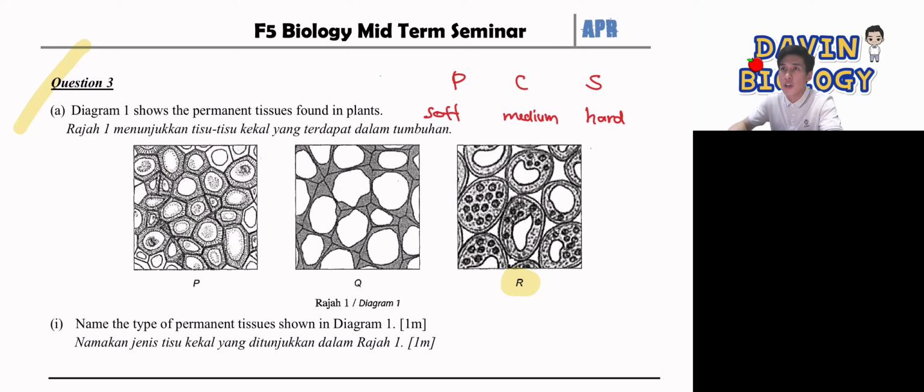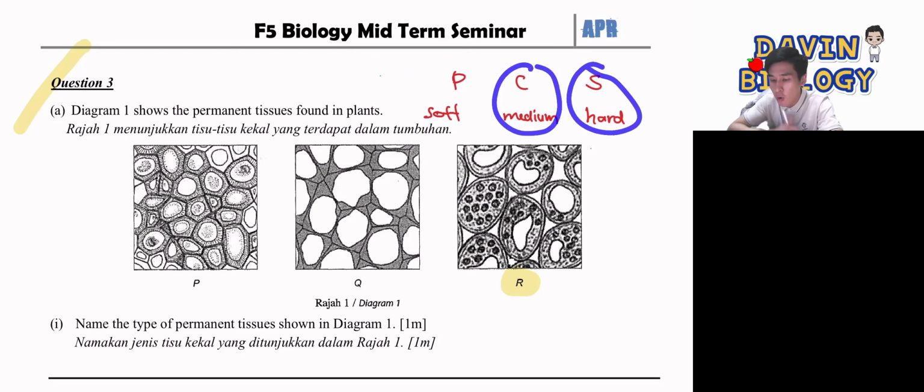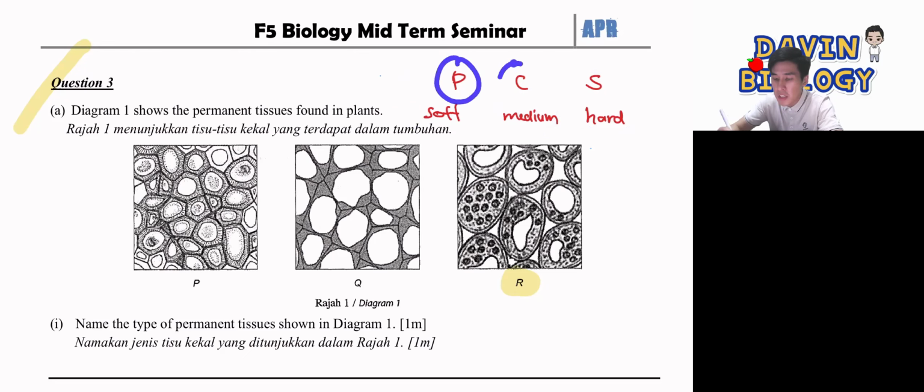Parenchyma is soft, and the size is very big. This one is normal, this one is small. And the cell wall is thin, medium, thick.